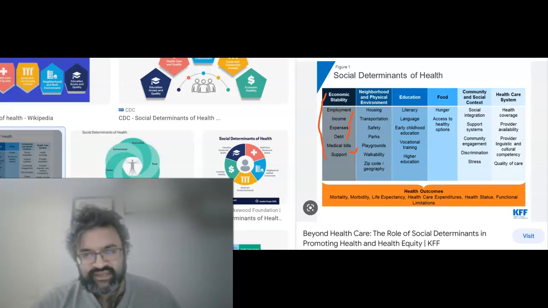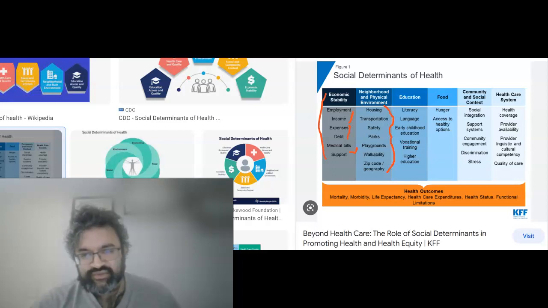And this is looking at housing, transportation, safety, parks, and then playgrounds, walkability, and zip code geography. Education is something that is also in the other social determinants of health.